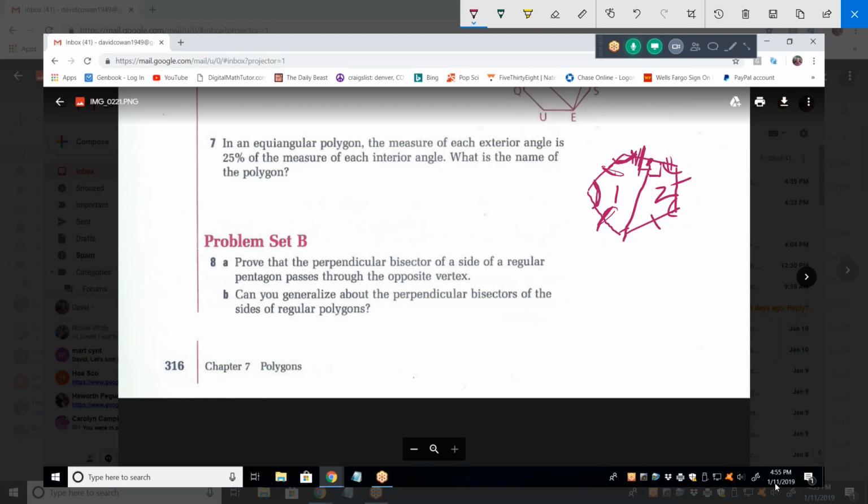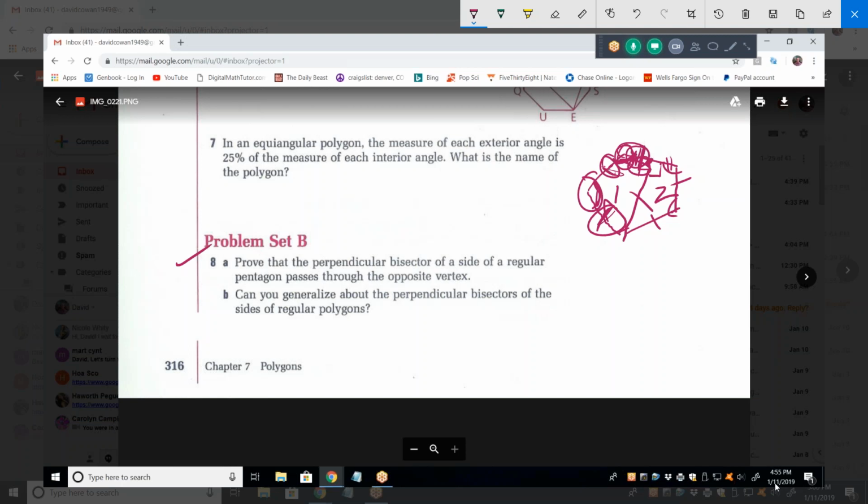But surely if you have side, angle, side, angle, side, angle, side, that's got to prove congruency. So if you prove that 1 is congruent to 2, then that diagonal has to go through the vertex.